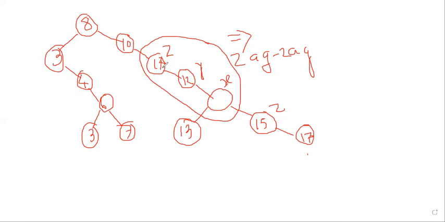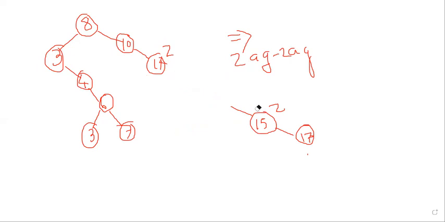Z is replaced by X, and Y becomes a child of X. Which side is it? First, replace the Z by X, so the 14 is written here and it becomes X. Z is replaced, so Y becomes the left side.